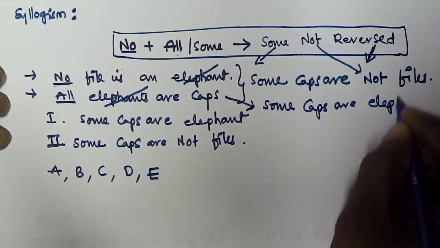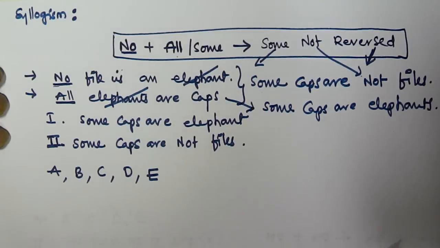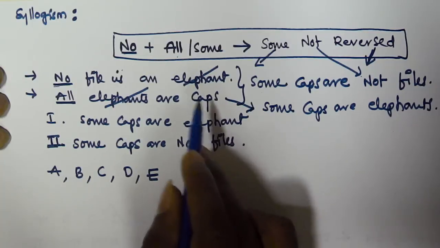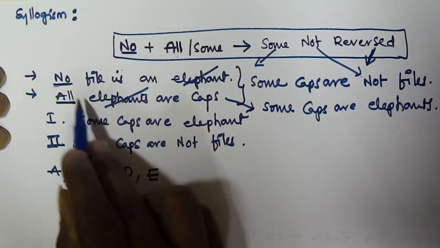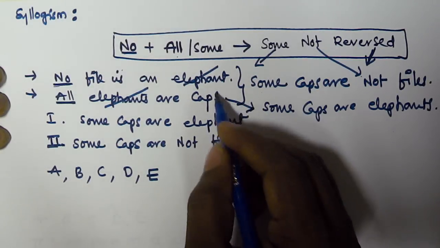The first one we derived using the rule, and the second one using another rule. Whenever we have all elephants are caps, when we interchange them, this all will become some. So these two we derived from the given two syllogisms.